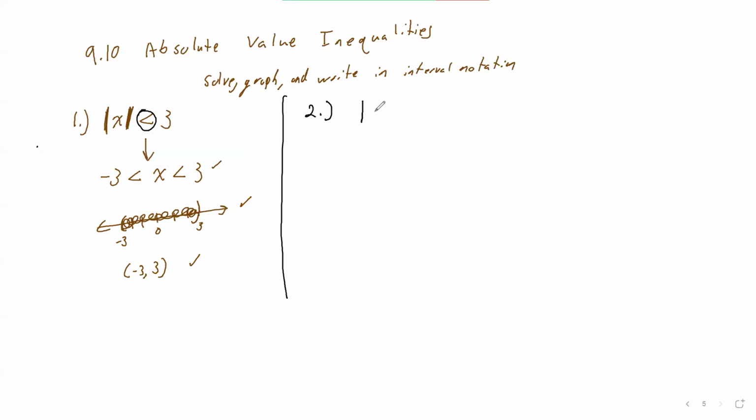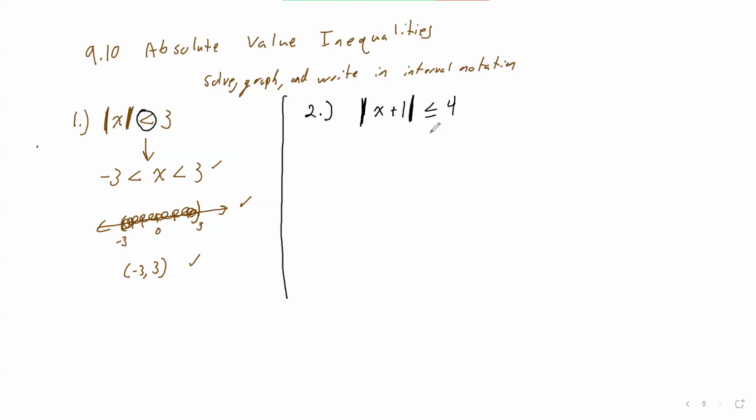We'll have the absolute value of x plus 1. These are absolute values. Less than or equal to 4. Okay.